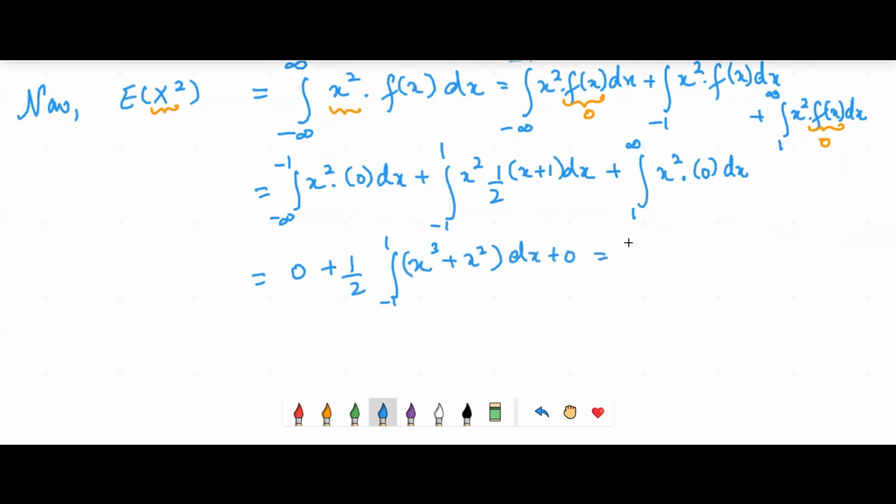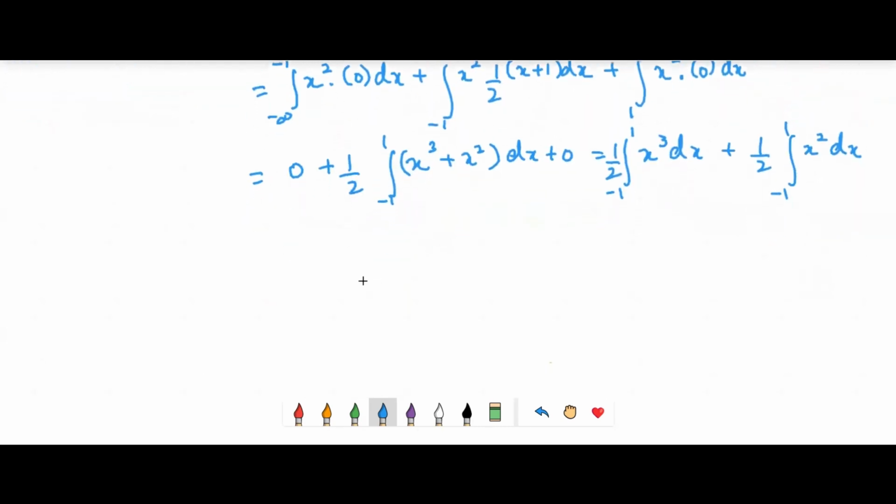I can rewrite this as the integral of x cubed dx plus the integral of x squared dx. We are just solving the integral. So the integral of x cube is x raised to the power 4 upon 4, with -1 to 1 as the range. Similarly, the integral of x square is x cube upon 3. Just substitute the values.